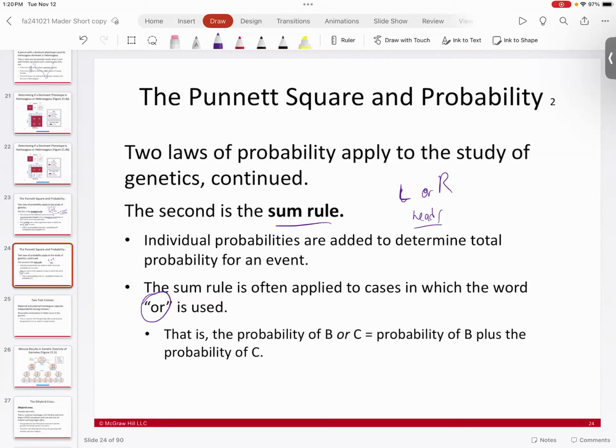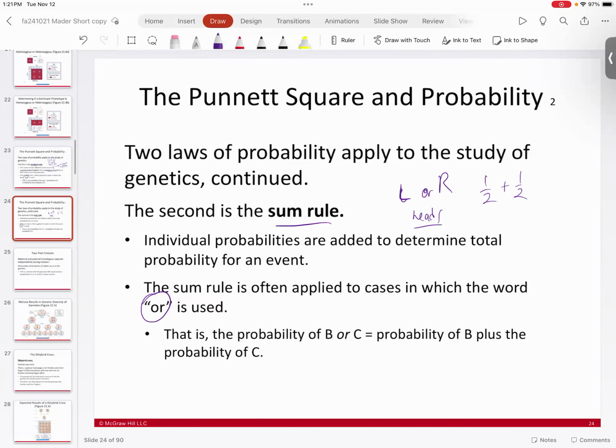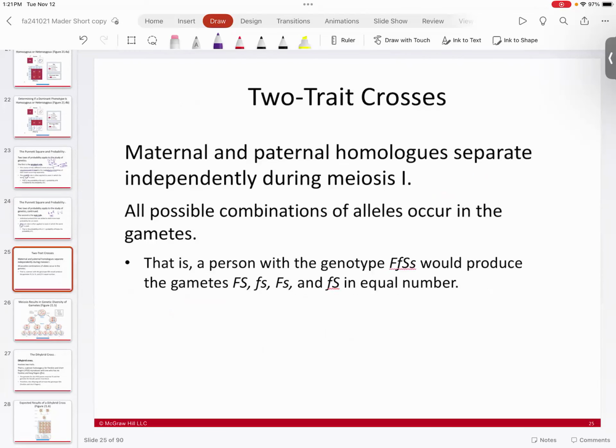Now, in this particular case, because we have the same probabilities, the probability of flipping a heads in the left is 1/2. The probability of flipping a heads in the right is also 1/2. So that basically gives us 1/2 plus 1/2. And so ultimately, that's the sum rule. You want an event either in A or in B, you don't really care.